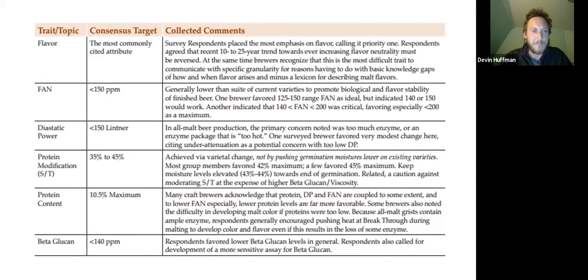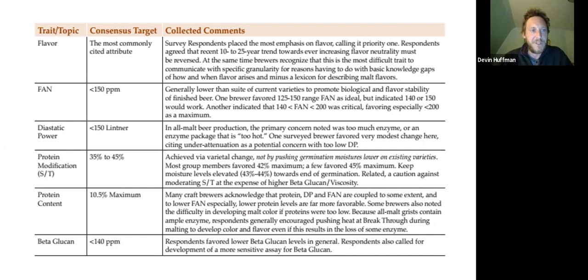So they're still looking for relatively high diastatic power, primarily because, although they're not adjunct brewing, a lot of raw grains are being used, for example flaked oats and other additions that stress the diastatic power.